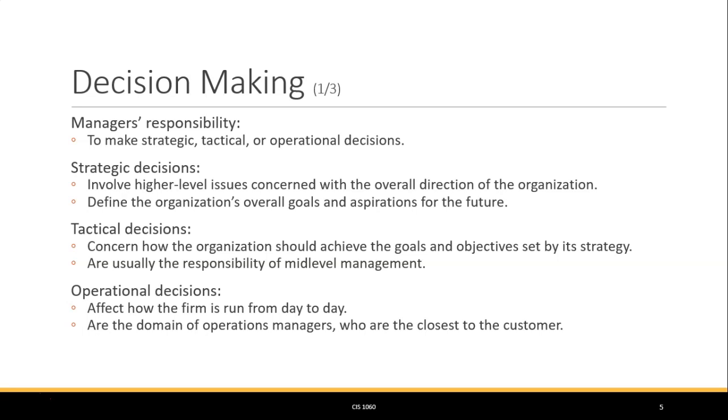Or if not enough employees are available to run the cashiers, to keep the operation going, they may have to make a new decision. So these are the decisions that are made at different levels in an organization. So just know that strategy is at the top level, tactical is kind of a middle level, and operation is the day-to-day level.